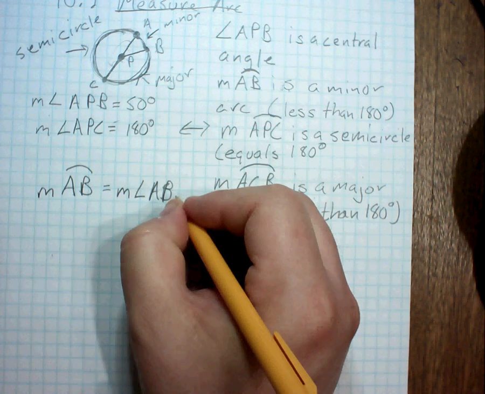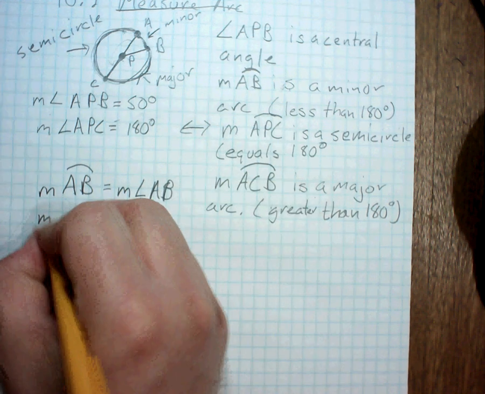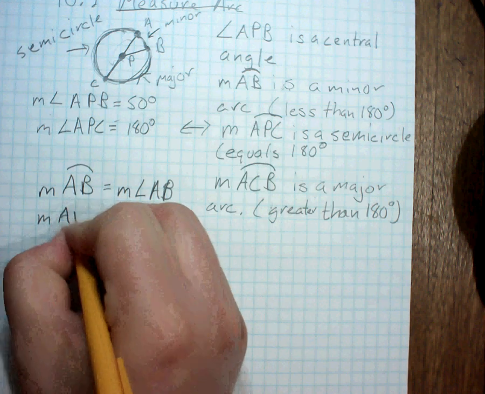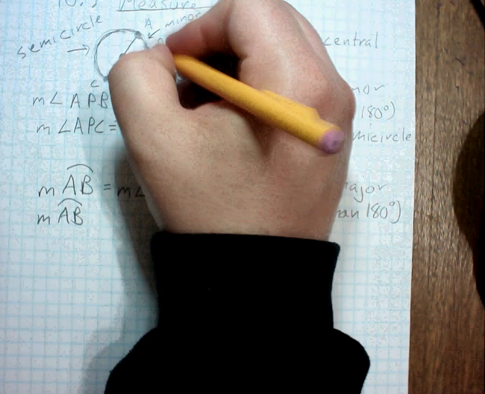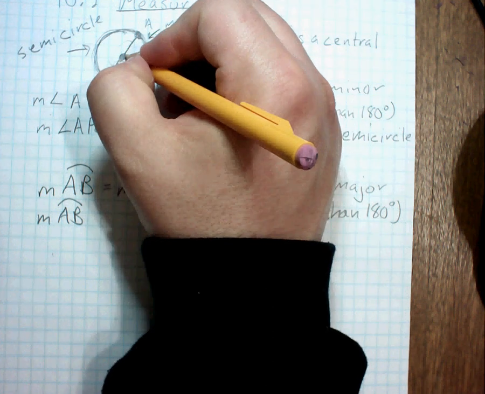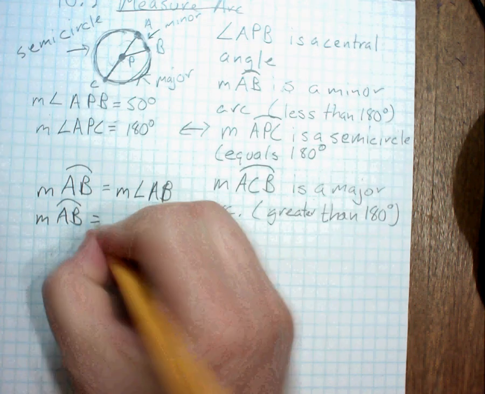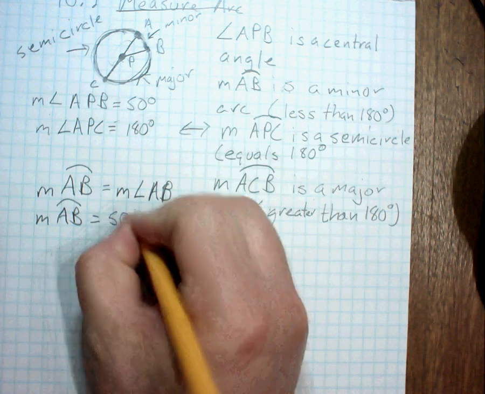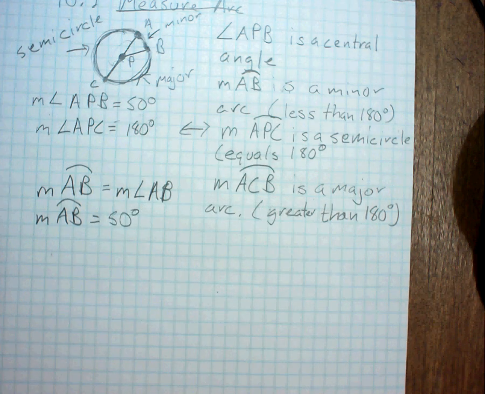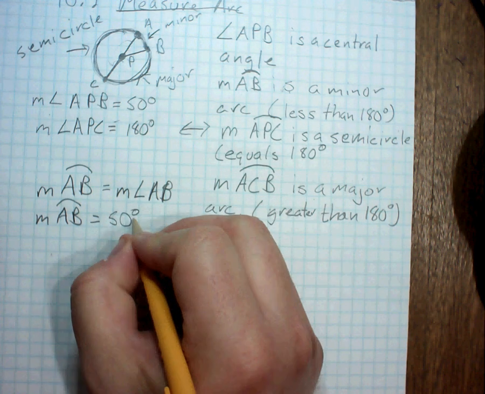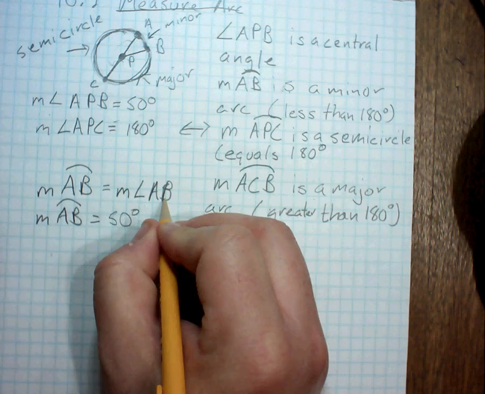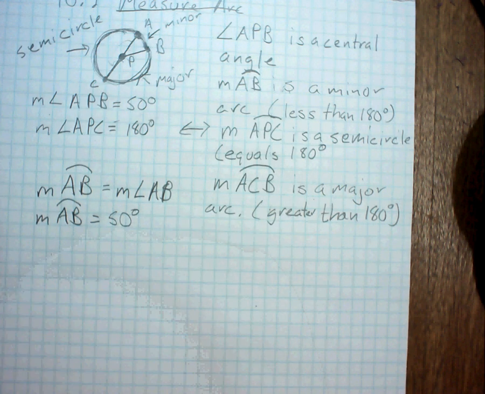Okay? And so the arc is talking about the length from here to here. We can measure it if we know what the central angle is. So the central angle is 50 degrees, therefore so is the arc. So the central angle equals 50, then the arc equals 50.